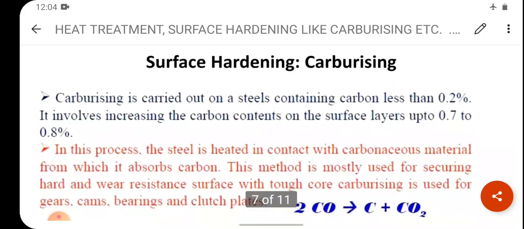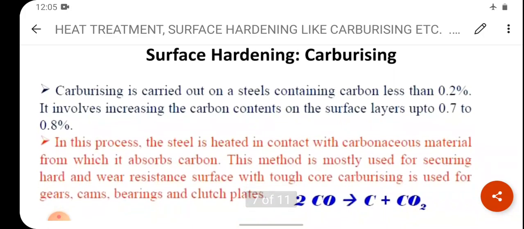We have already discussed flame hardening and induction hardening, the basic methods of surface hardening. Now we'll discuss another method of surface hardening, that is carburizing. What is the carburizing process? Carburizing is carried out on steels containing carbon less than 0.2%.